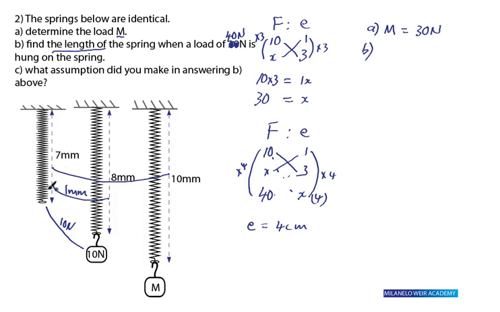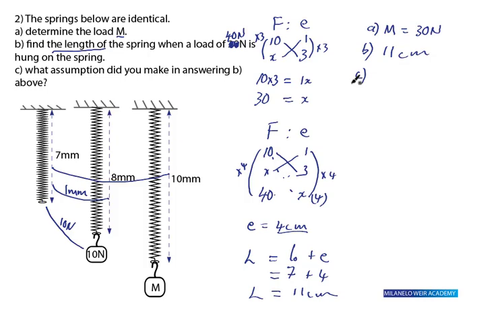Remember, L is equal to L naught plus E. L naught is the length without the load, no extension, the natural length, that is 7, plus E, which we found to be 4. So L will be 11 centimeters. So B is 11 centimeters.